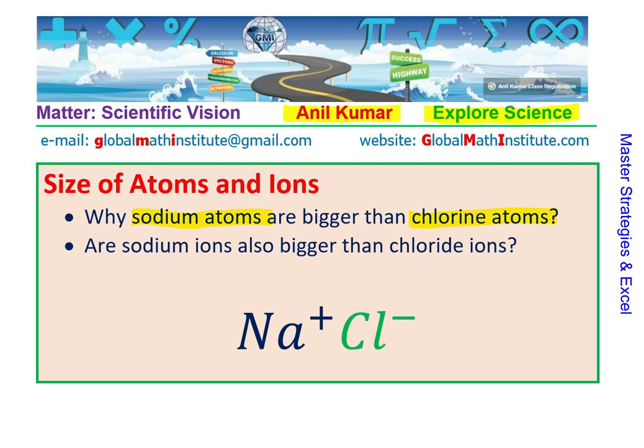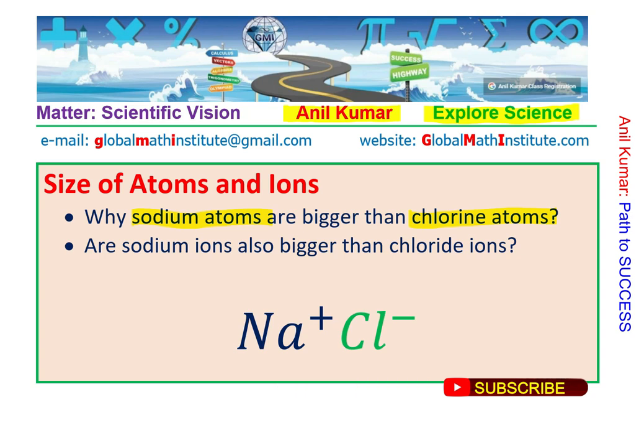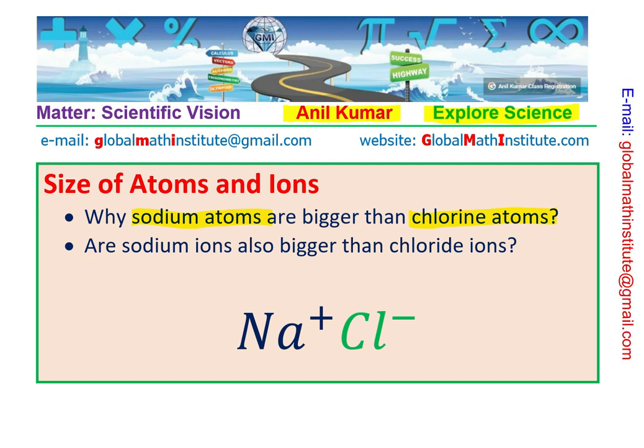Now, the question here is why sodium atoms are bigger than chlorine atoms. When we talk about elements, we are talking about these atoms. And then, are sodium ions bigger than the chloride ions? When we talk about a molecule, for example, the sodium chloride molecule, in that we could have sodium ions and chloride ions.